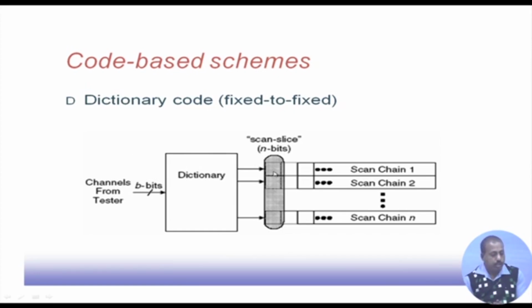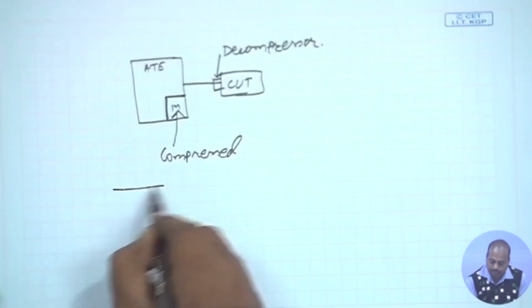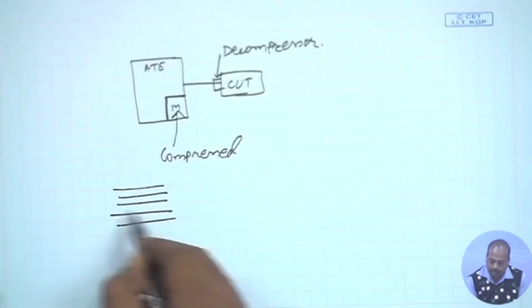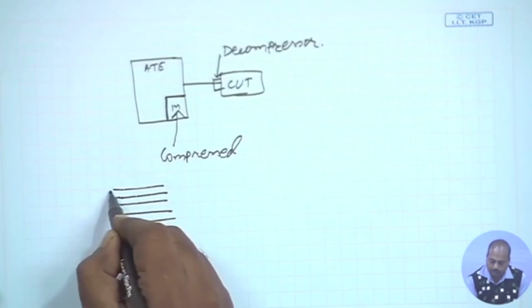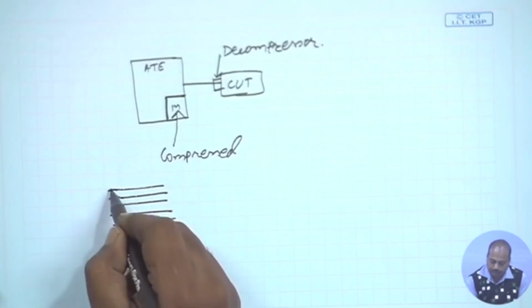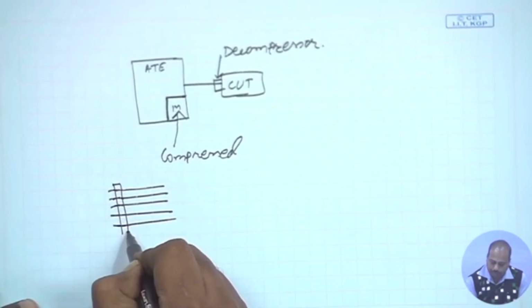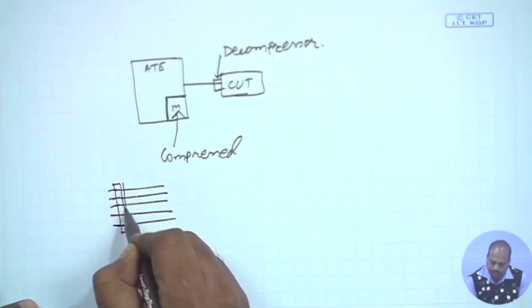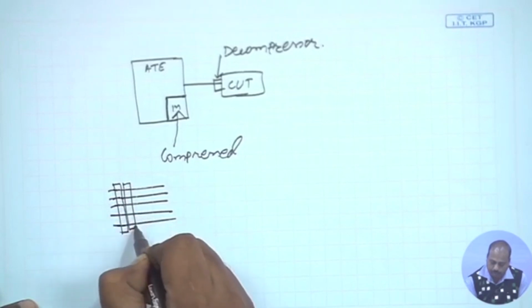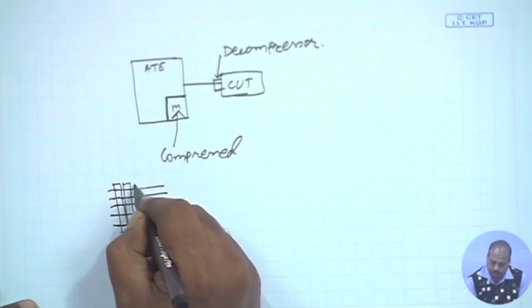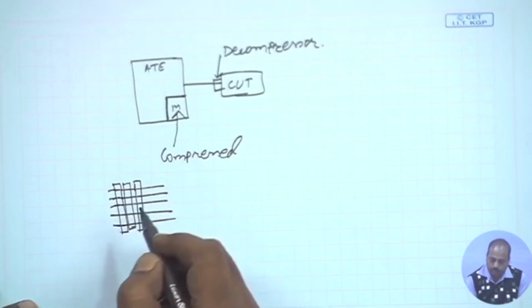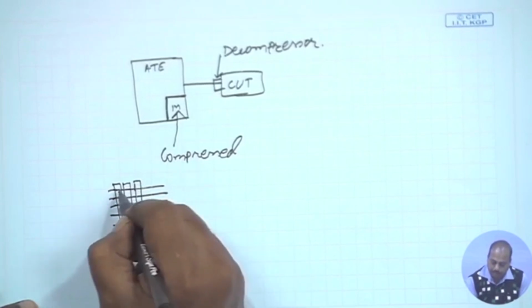The idea is that if this is the full test pattern set with all these patterns in it, then we find out the slices. This is the first slice, this is the second slice, and this is the third slice.